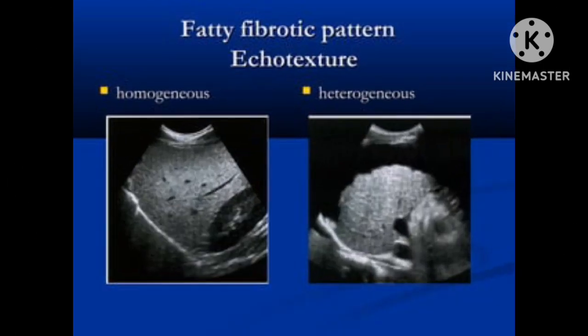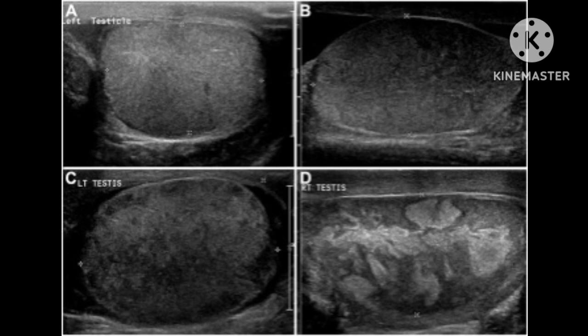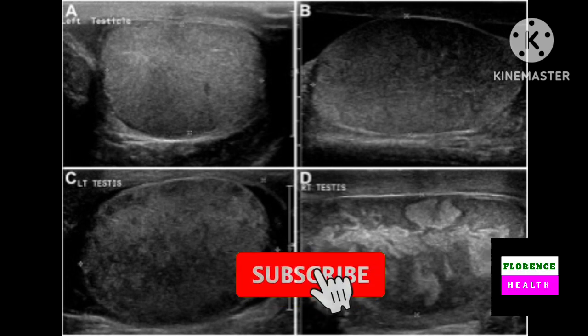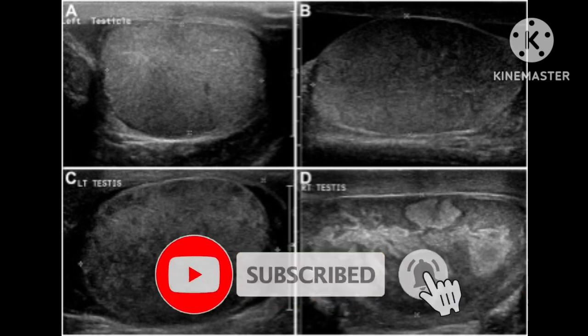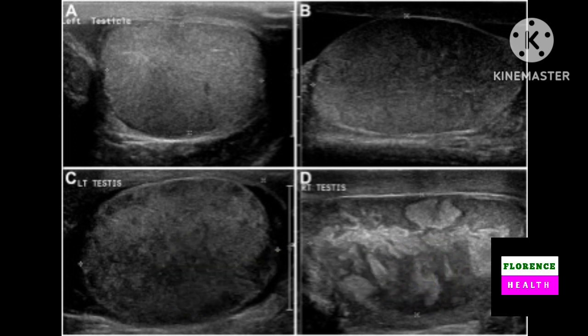This slide shows homogeneous echo texture of the liver and heterogeneous echo texture of the liver. The upper two images show homogeneous echo texture as they have the same level of echo throughout. The lower two images show different levels of echo throughout. That's why it is heterogeneous or coarse echo texture.